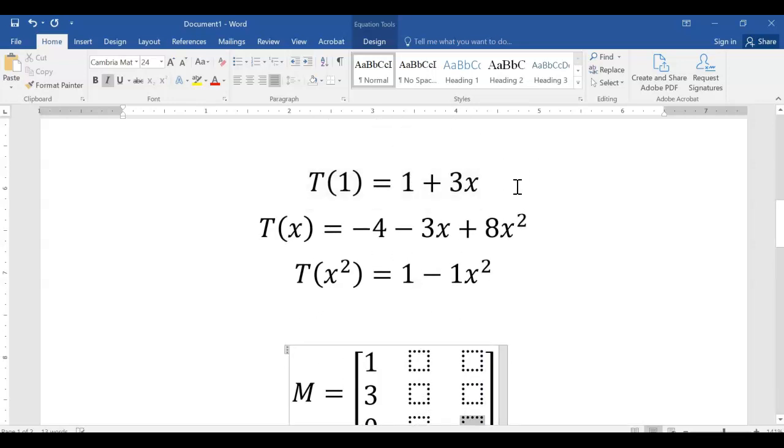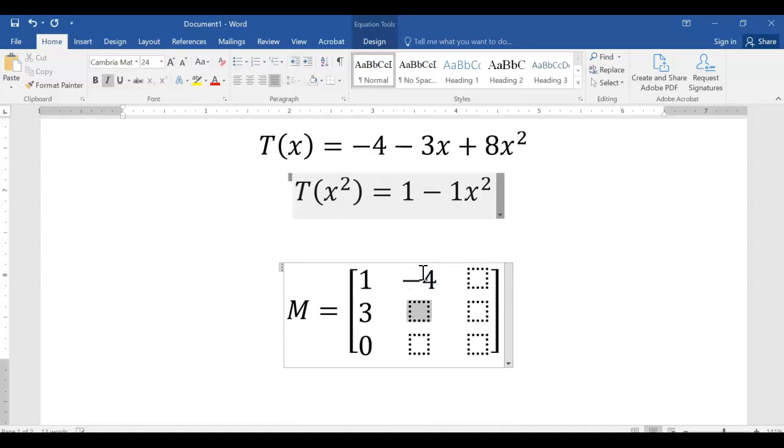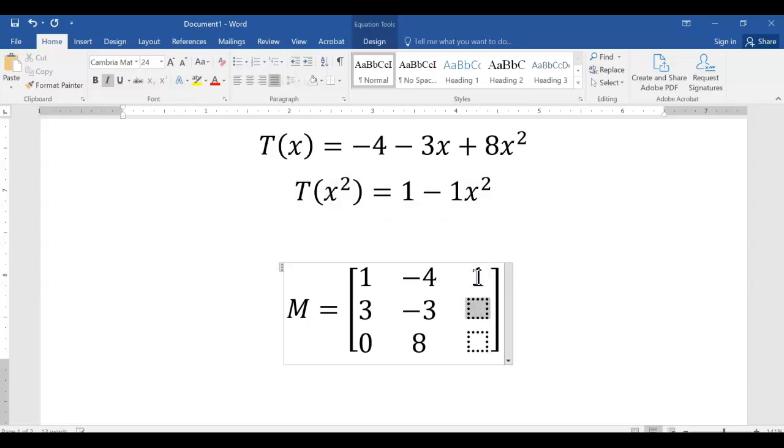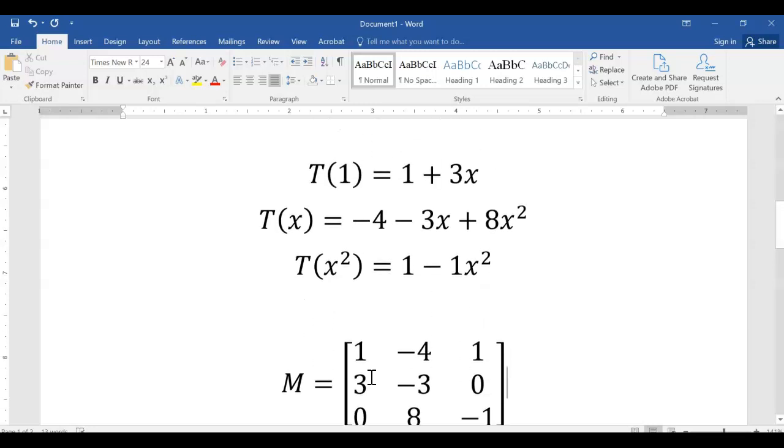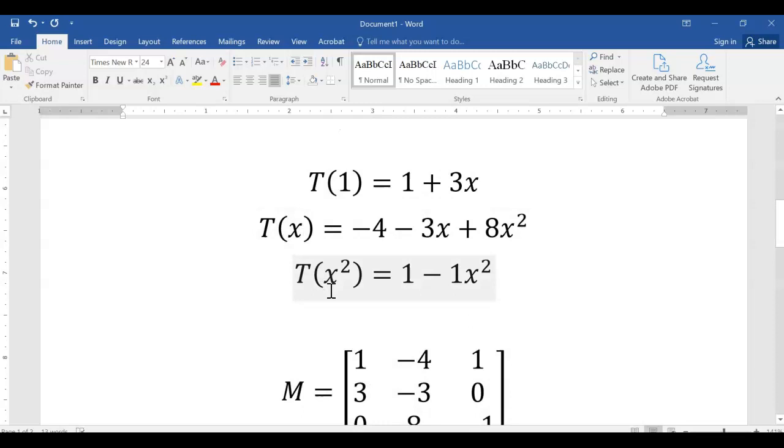As far as x goes, it's sent to negative 4, negative 3, 8. And x squared is sent to 1, 0, negative 1. There we go. So that is the matrix for my transformation relative to basis B. And again, basis B was 1, x, x squared.